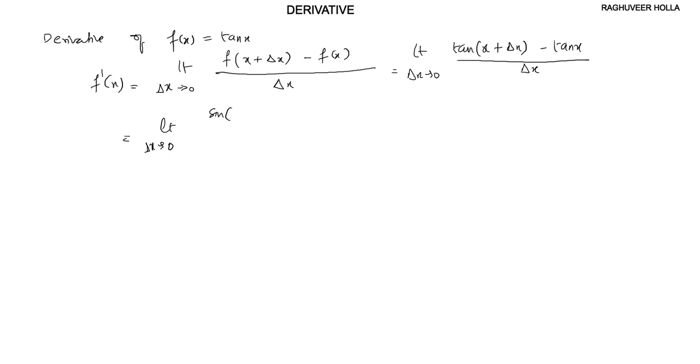Now, which is equal to limit delta x tends to 0. Now tan we can write as sine by cos, sine x plus delta x divided by cos x plus delta x, okay, minus sine x by cos x divided by delta x, right?